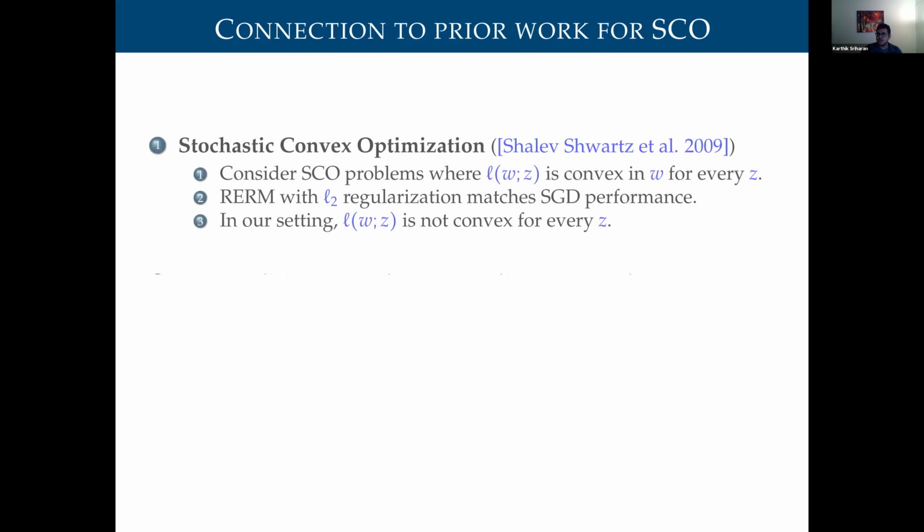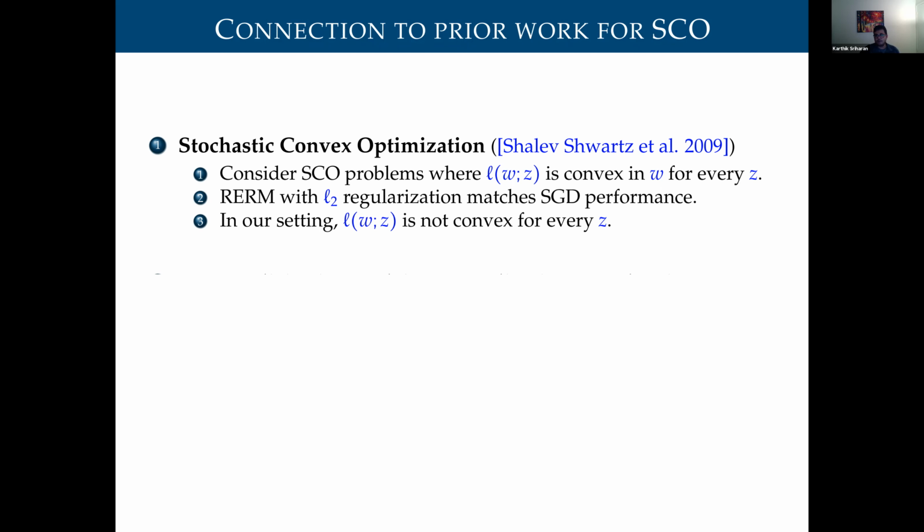All right. So in terms of connection to prior work, there's this work titled Stochastic Optimization. I should mention that both the prior works that I know of consider stochastic convex optimization to be a setting where small l, which is the instantaneous loss, is also convex.